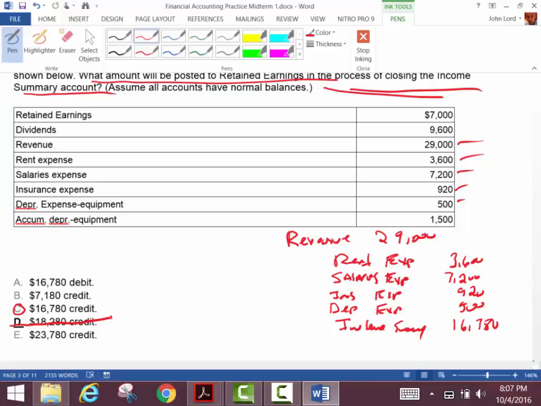The only way the answer becomes 18,280 is if we also did a debit to retained earnings, which we would not. We don't touch accumulated depreciation, right? So there's no way that that's the right answer. They made a mistake there.